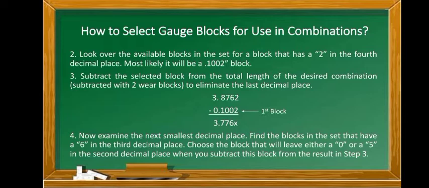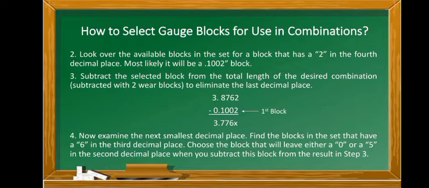So the block we choose should eliminate this third decimal place, which is the 6, and that will also leave the 7 as either a 0 or 5.